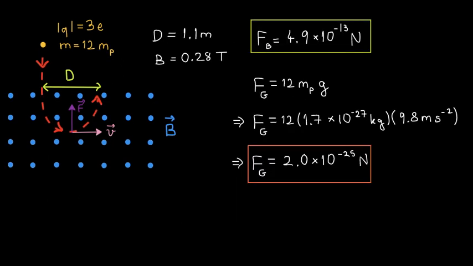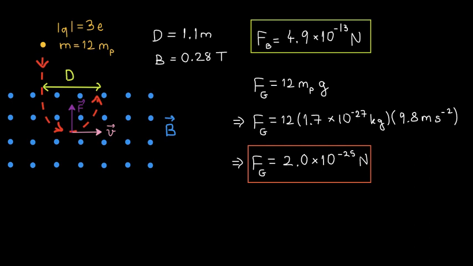Now let's calculate the magnitude of the gravitational force acting on this cosmic ray particle. Formula for the gravitational force is simply mass times gravitational acceleration. When we plug in the numerical values, we get 2.0 times 10 to the negative 25th newtons for the gravitational force magnitude.